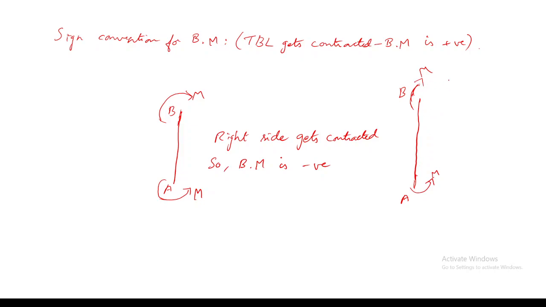From the right plane, if you see, this bending moment will be visible, okay? So when you are viewing from the front, which surface actually gets contracted? Back surface. So the back surface gets contracted, so the bending moment will be positive.